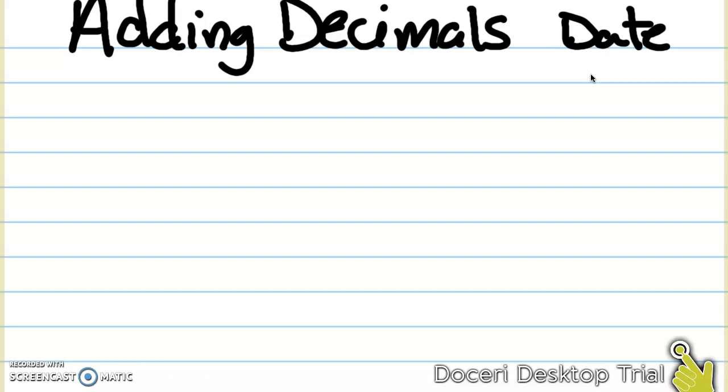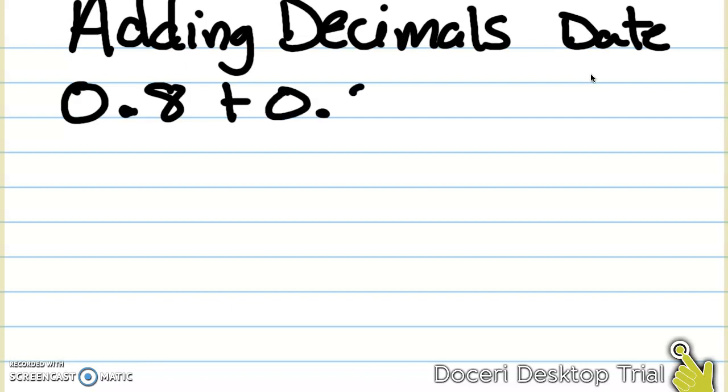What if we have 8/10 plus 25/100? So first of all, when we are adding with decimals, we do not want to add long ways. We want to stack them.